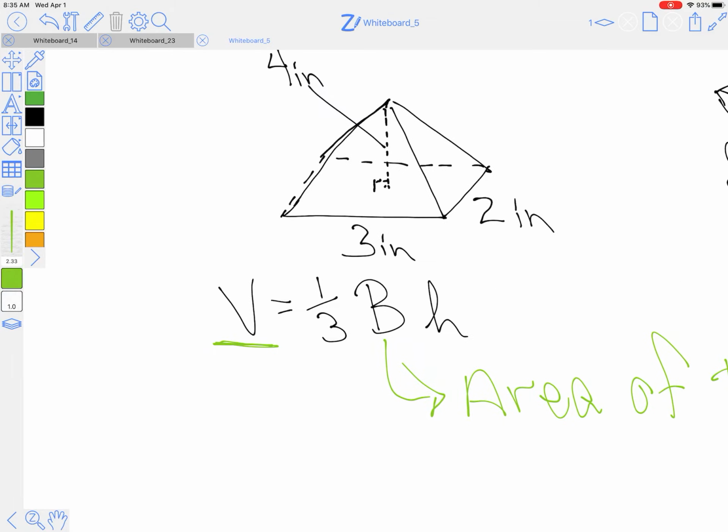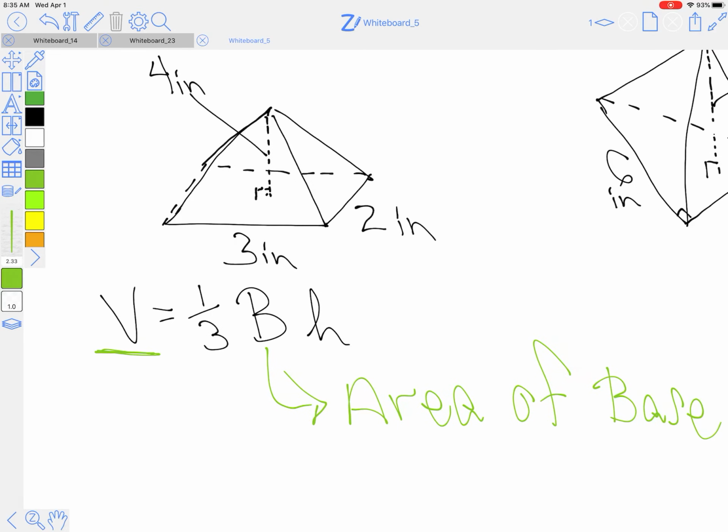So, if I zoom back in to look at that area of the base, that means the area of this bottom rectangle. And I think we all know in this specific problem, to find the area of that rectangle, it's just length times width.